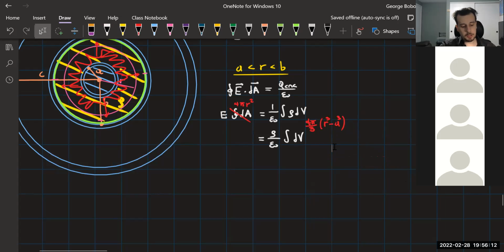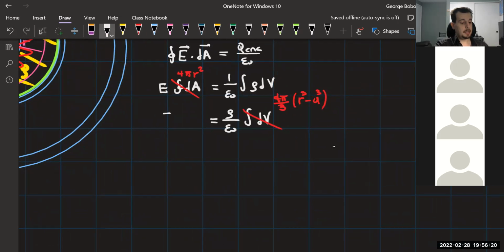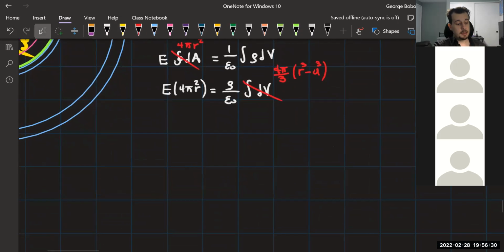That's what we need to plug here. And I don't want to do the integral. Whenever I can avoid an integral, I will. I don't want to be integrating for no reason. We don't have a function that we need to integrate. We just want that volume between the spheres, and we can find that without integrating.